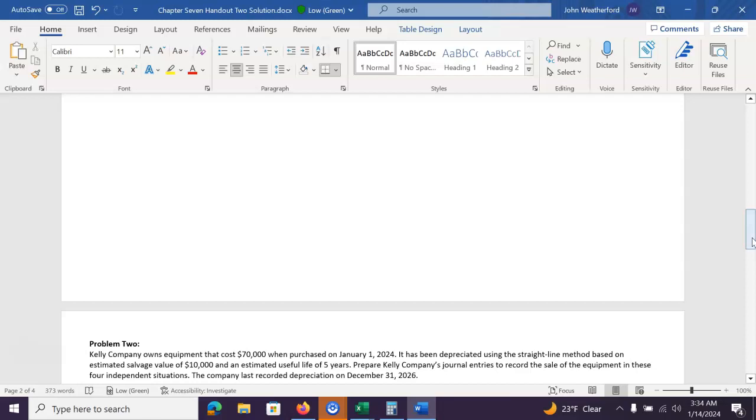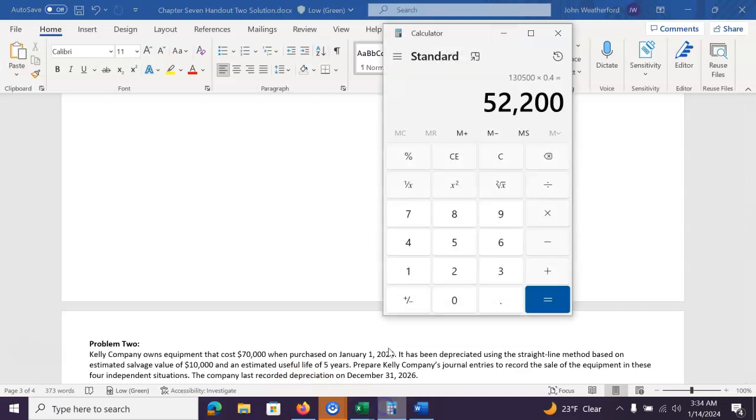So let's talk about this for a second. It was placed in service at the beginning of 2024. It cost $70,000 with a $10,000 salvage value. So let's get out our old calculator here. We've got $70,000 minus $10,000 gets us to our depreciable cost of $60,000 divided by the useful life of 5 years gets us to $12,000 of depreciation expense per year.